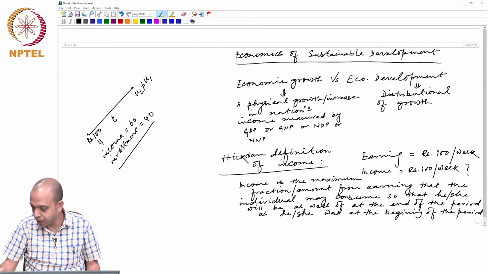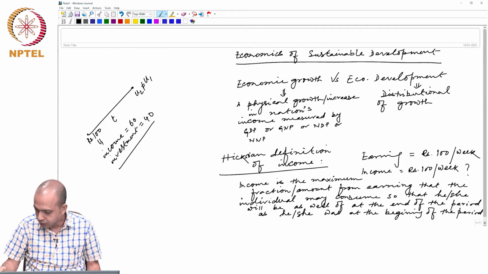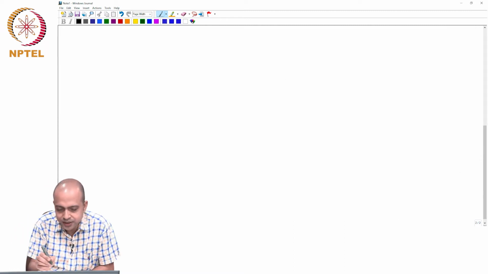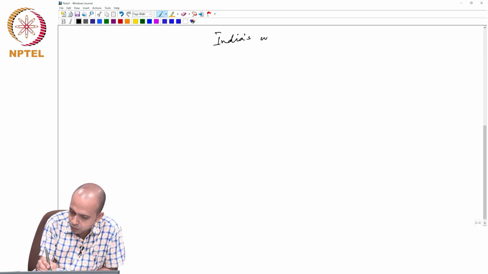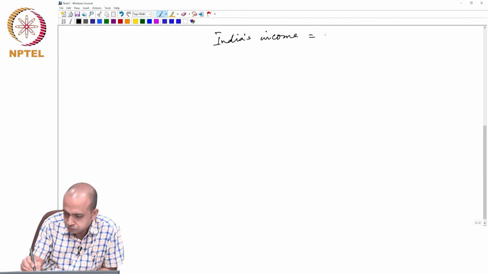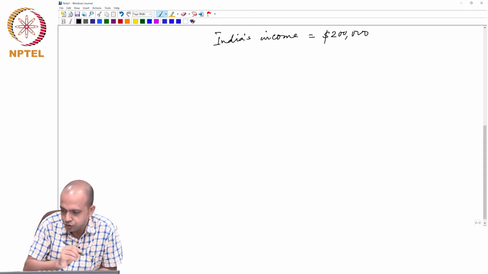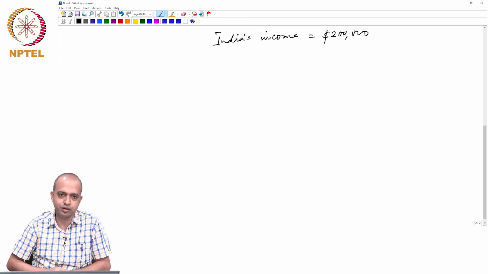Now, if we apply the same concept in the context of a country, let us say India's income equals to $200,000 in a particular period.